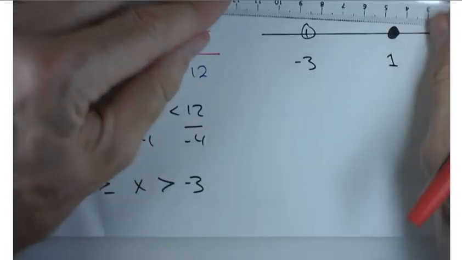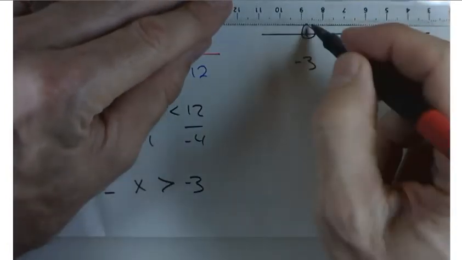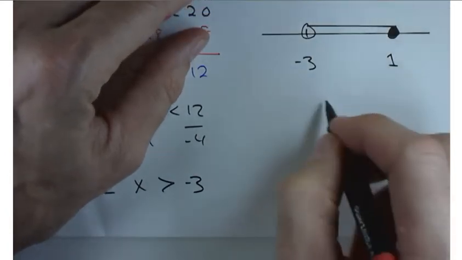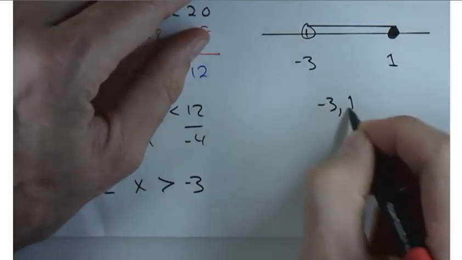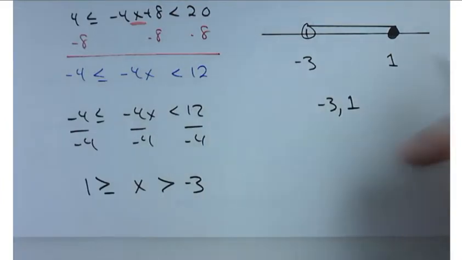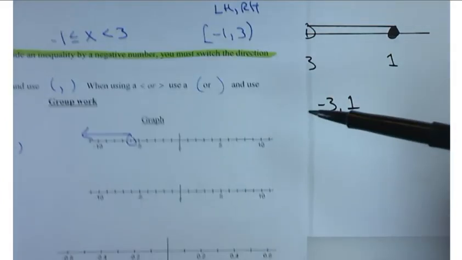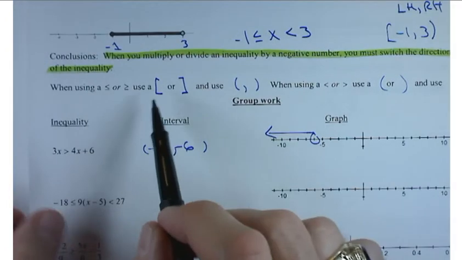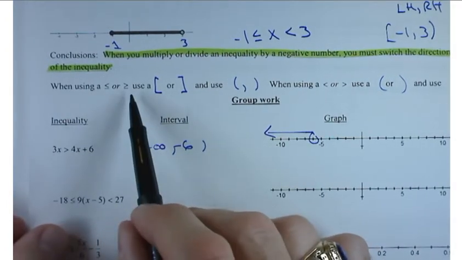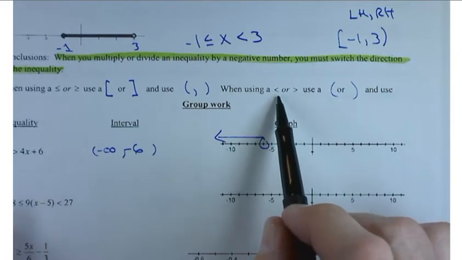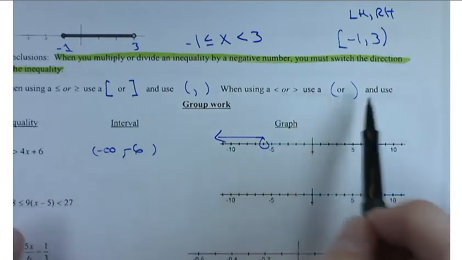Now that we've got the graph? I know it'll be positive 1 with a parenthesis and a negative 3. All right, so let's look back. What do we need in terms of brackets and parentheses? Brackets are for less than or equal to or greater than or equal to, and greater than and less than go with parentheses.